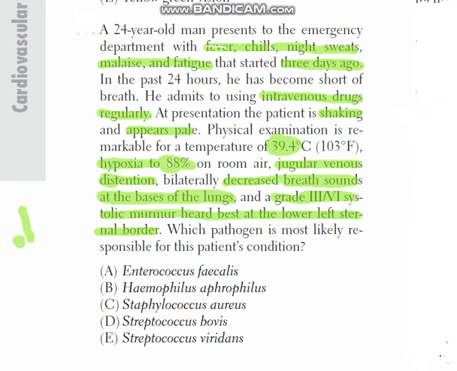Acute bacterial endocarditis is seen most often in cases of intravenous drug use and indwelling catheters, and Staphylococcus is the most common bacterial pathogen in this case, because the patient admits he is using intravenous drugs regularly.